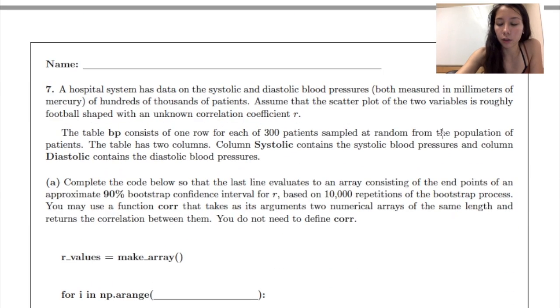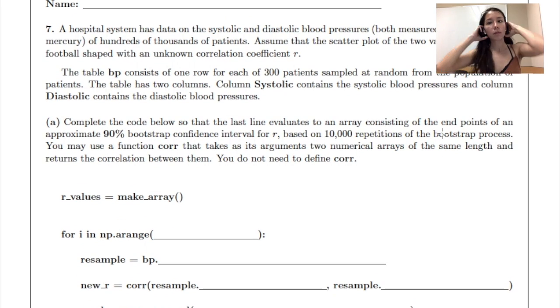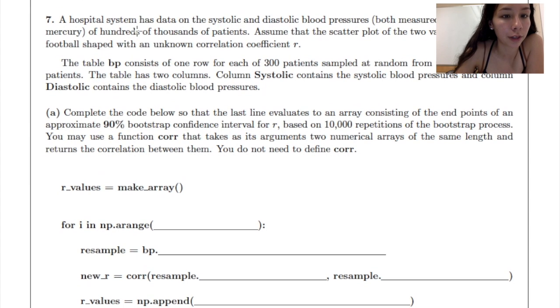Alright, so moving on to number 7. We have a hospital system that has data on the systolic and diastolic blood pressures, both measured in millimeters of mercury, of hundreds of thousands of patients.